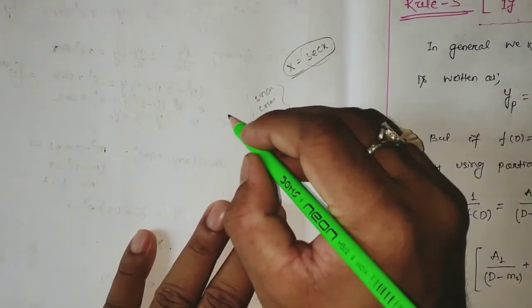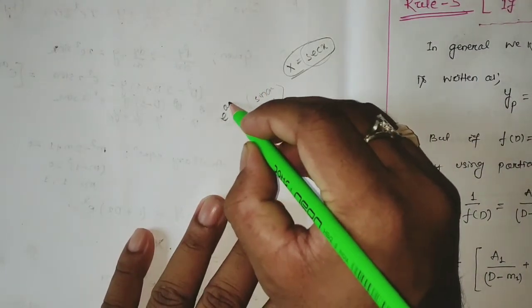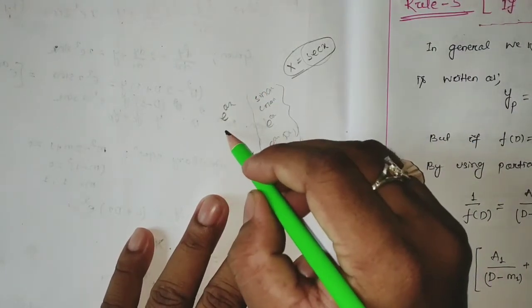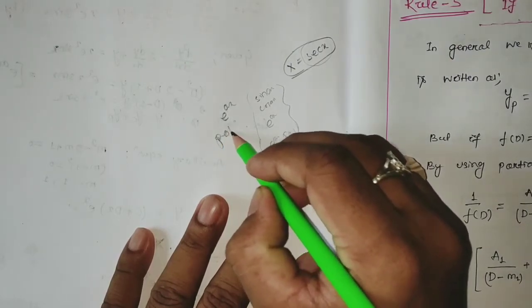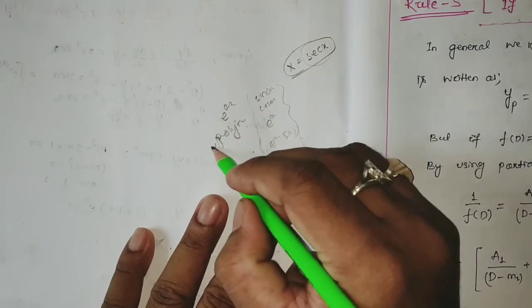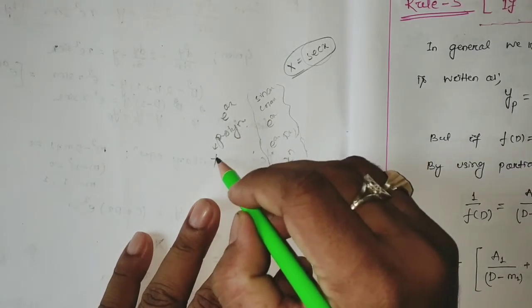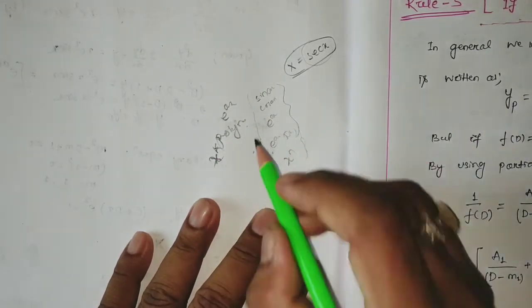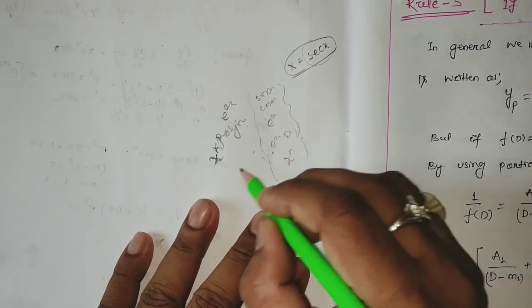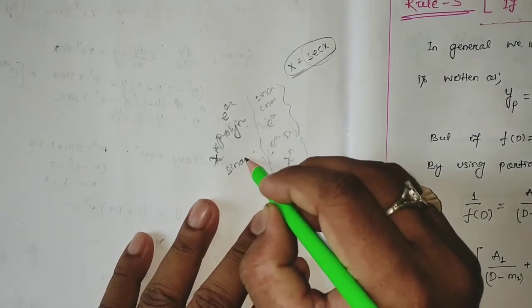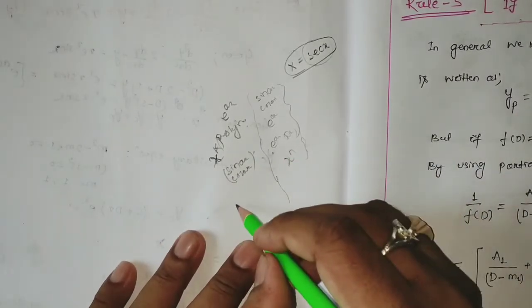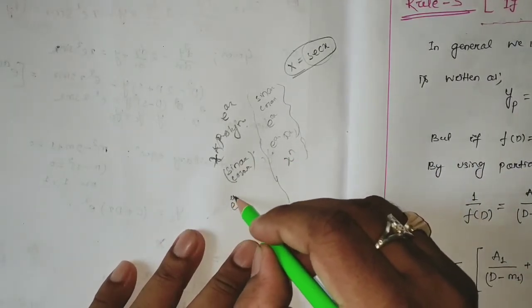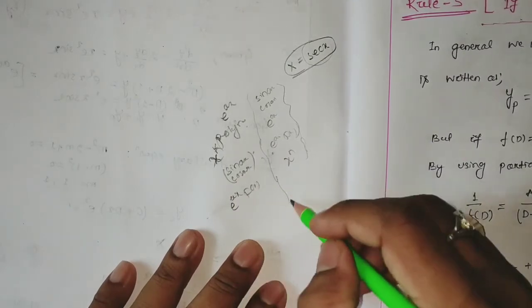In rule 1 we discussed a to the power x, in rule 2 we discussed polynomials, meaning x to the power n and so on. Again in rule 3 we discussed sin x and cos x, and in rule 4 we discussed e to the power x times f(x).